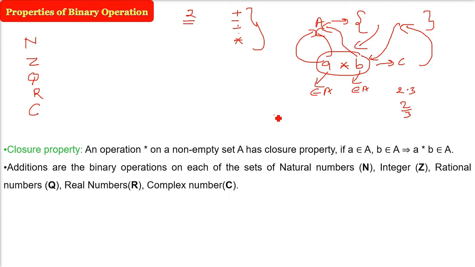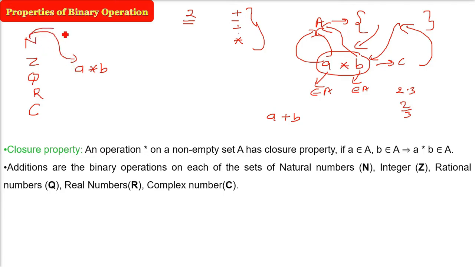So when we are talking about addition, a plus b, this star I have replaced by plus. When we are talking about a plus b on natural numbers, on integers, on rational numbers, on real numbers, on complex numbers, this holds.